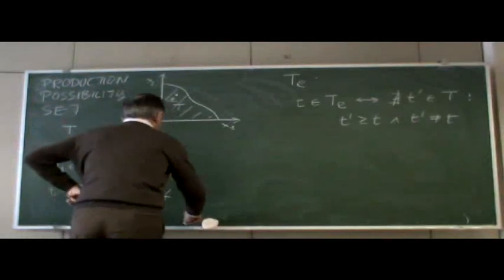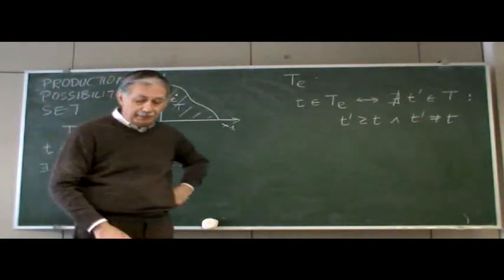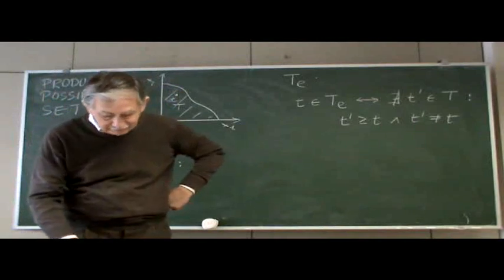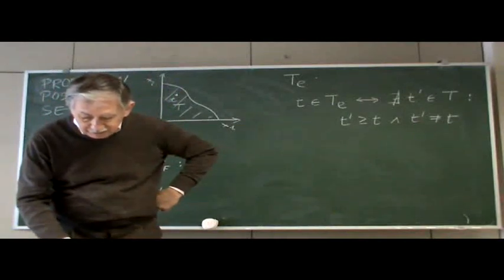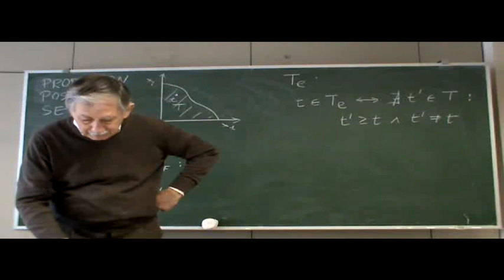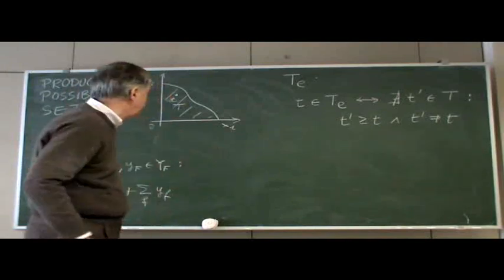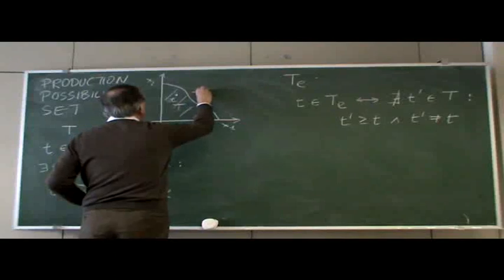And this is the frontier, the boundary of this set, which is termed the transformation function.